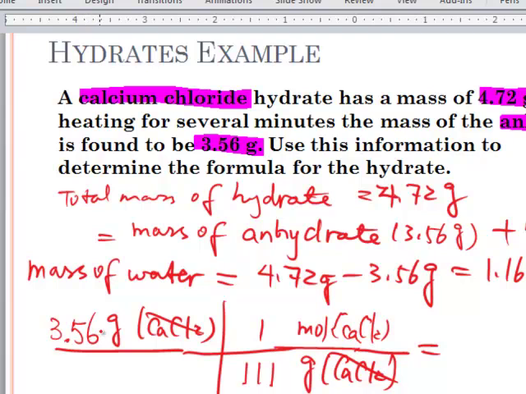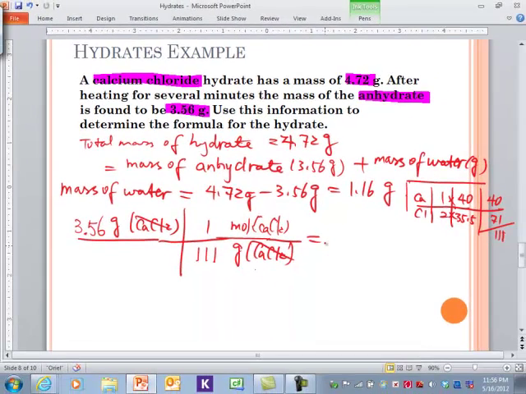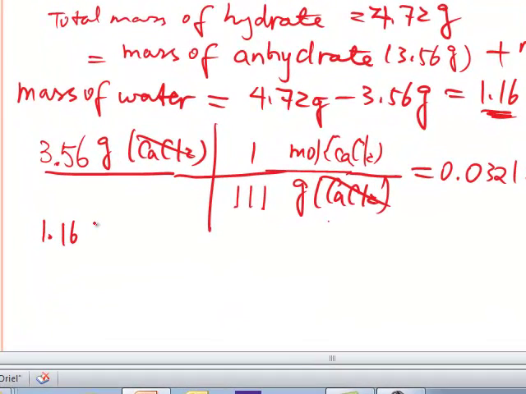You've got to be very careful to distinguish which mass is anhydrate and which is water. So now you can punch in the calculator to get the correct number of moles of the anhydrate, which will be 0.0321 moles of calcium chloride. Very straightforward. The amount of the water in terms of mass is 1.16 grams of water.